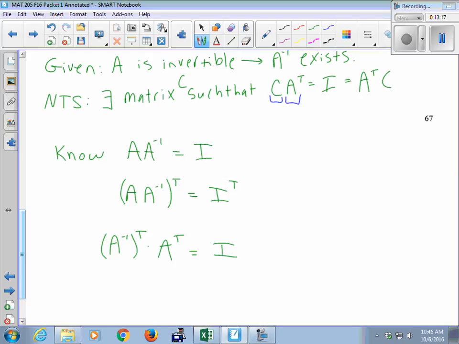Yeah. Take A inverse and transpose it. This is that magical C, right? That's my matrix that I can multiply by A transpose and get the identity. Technically, I should do this argument again where I write A inverse A equals identity, just to show that A transpose times C, the other order, also gives you the identity, but we don't have to write it all out.